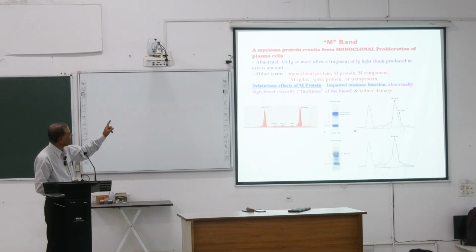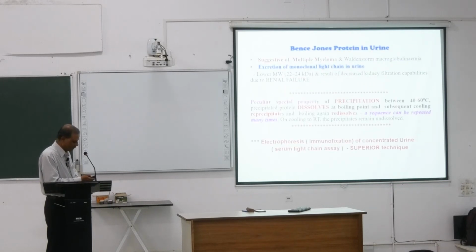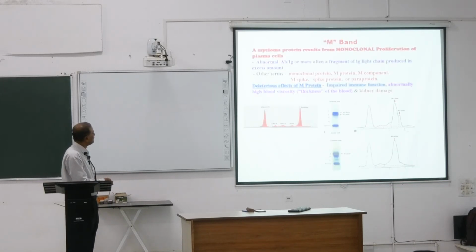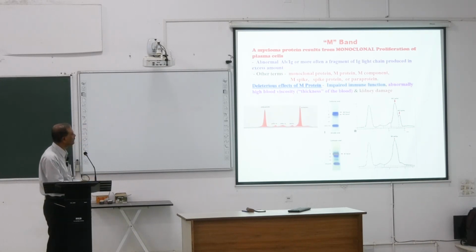The myeloma protein results from monoclonal proliferation of plasma cells, and this is an abnormal immunoglobulin. It is more often formed of IgG or light chain in excess amount.